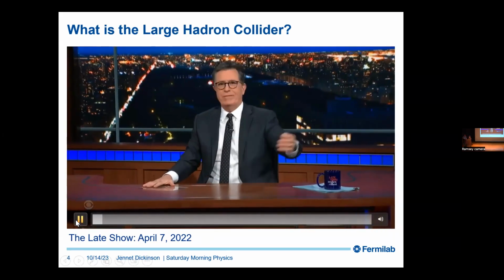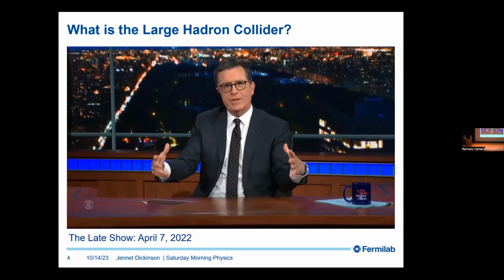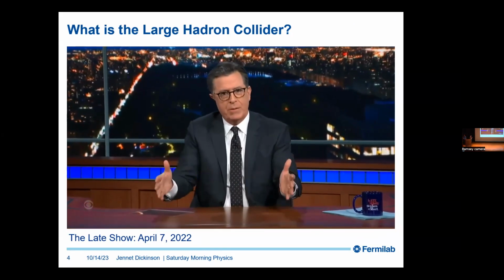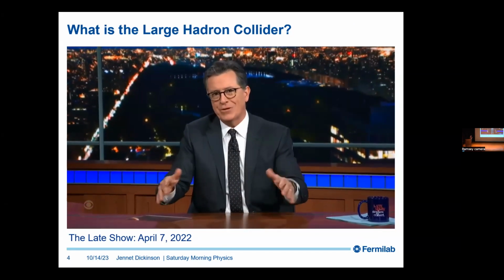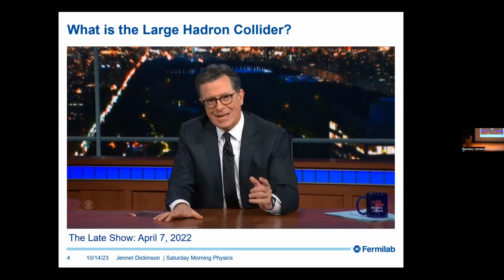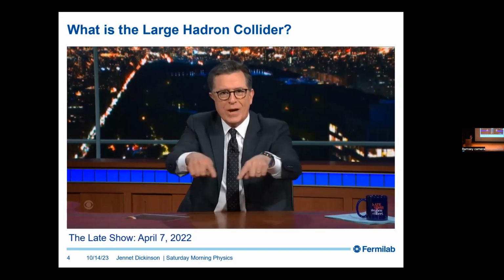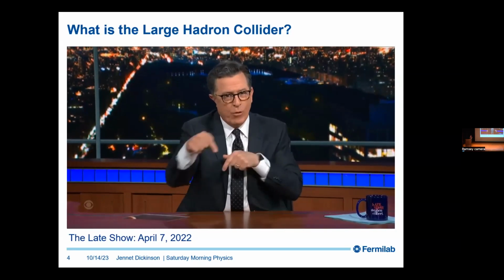I spent a lot of time right over there, isolating the biggest, newsiest stories of the day and containing them in the most topical circular tunnel with a circumference of 26.7 kilometers and a depth ranging from 50 to 175 meters. Then I add 2 adjacent parallel beam lines which travel in opposite directions around the ring, intersecting at 4 points.